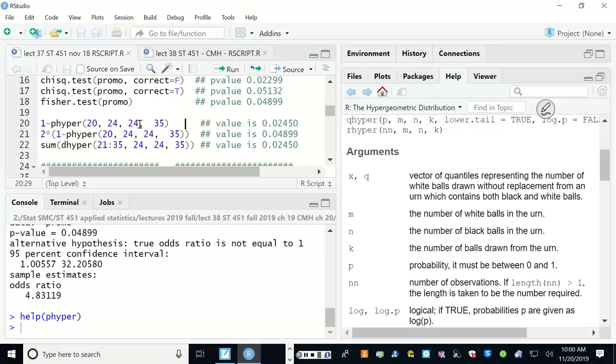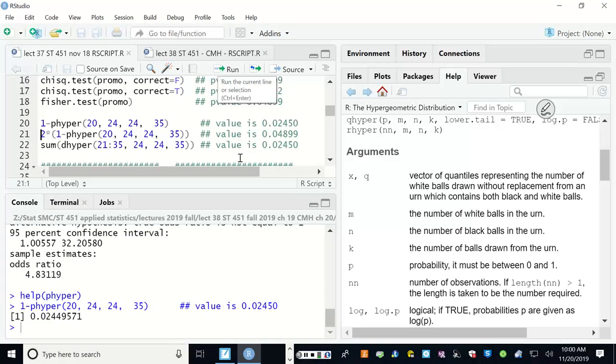There's 24 males, 24 females, 35 overall, and we got 21 actually in the group of males, but 20 or less, and then 21 or above is the split, so it's done this way. And so that's that probability. The p-value is twice that, right? And that's what the Fisher test gives.